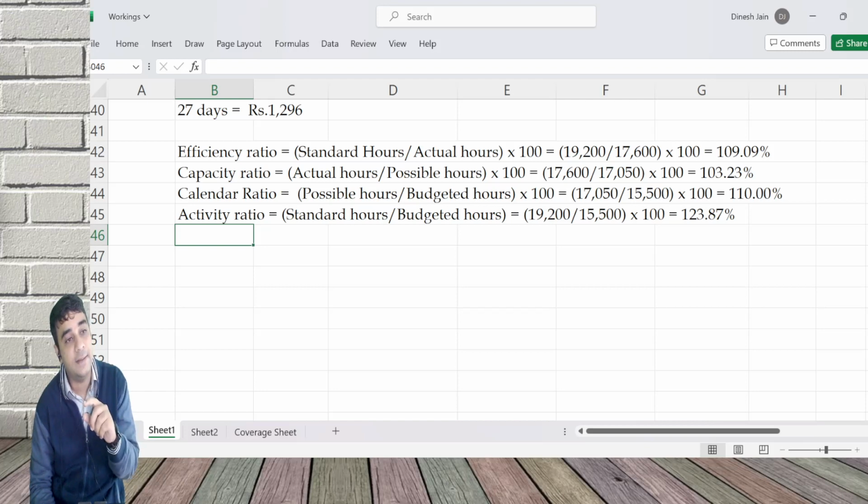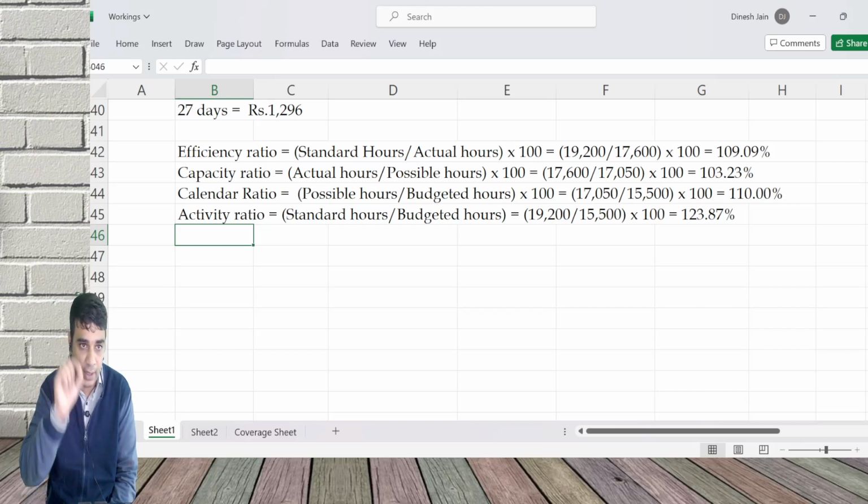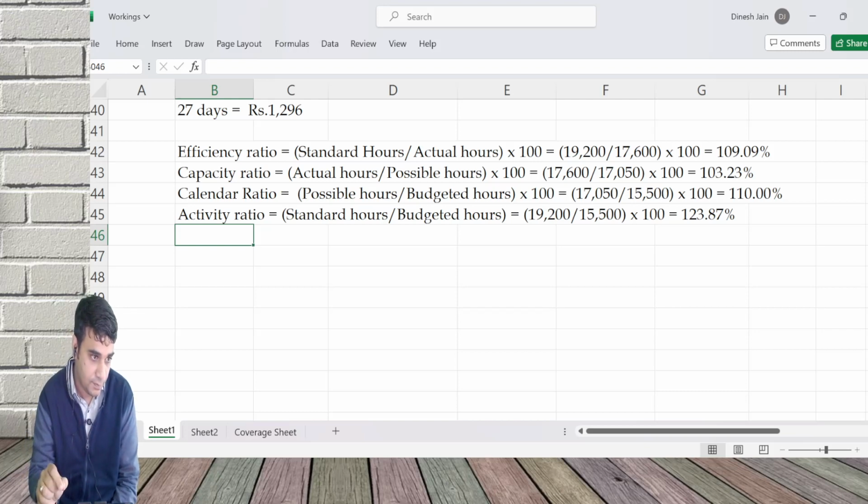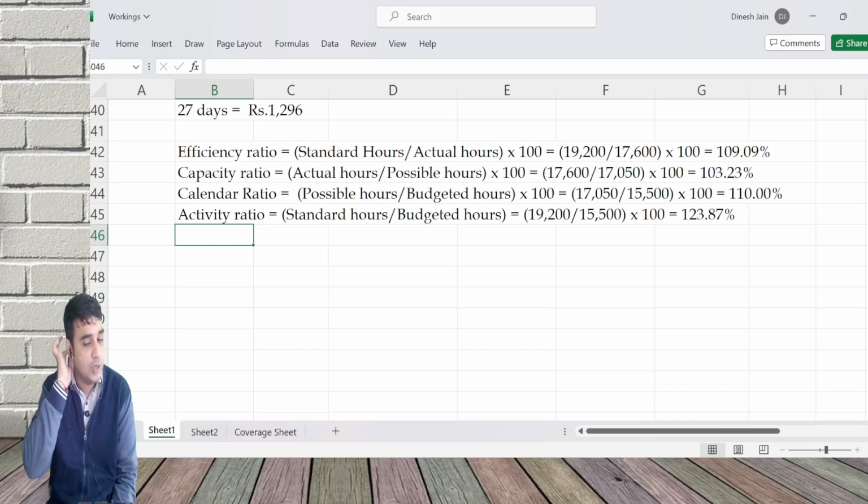When you multiply the three in the calculator, do 109.09 into 103.23 percentage into 110 percentage. What number do you get? 123.87. When you multiply these three percentages, you will get 123.87 percentage. So the interrelationship is right.